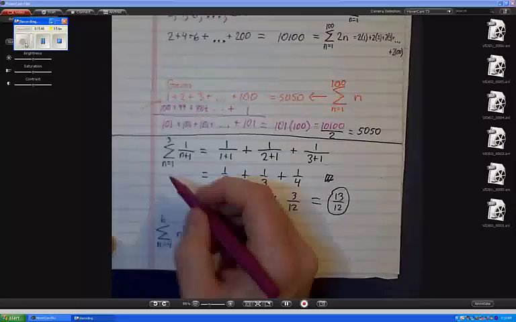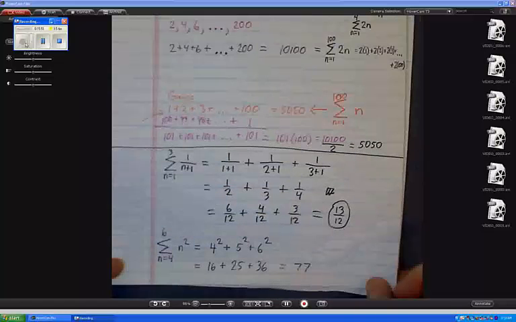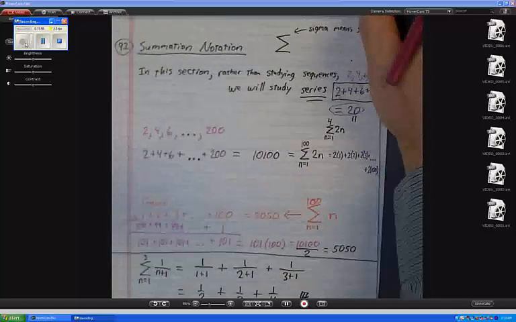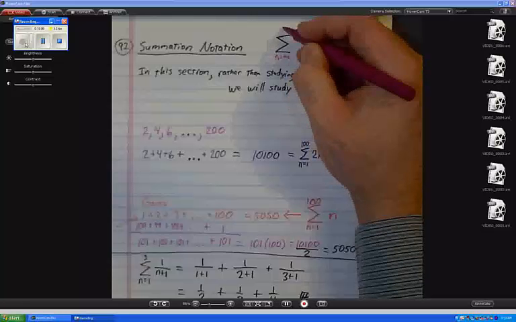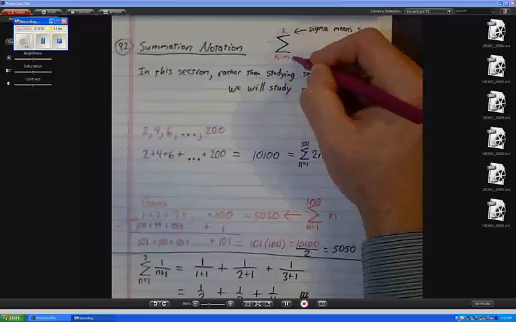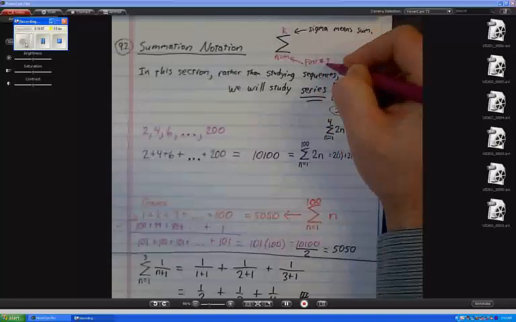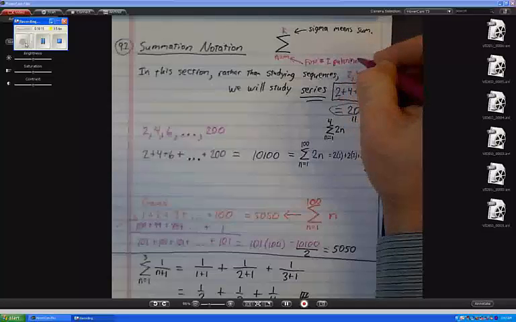Okay. Let me say it this way. If I go back up to the very top of the page, in the book, they write n equals m to k. Whatever this m is, that's the first number I substitute for n.